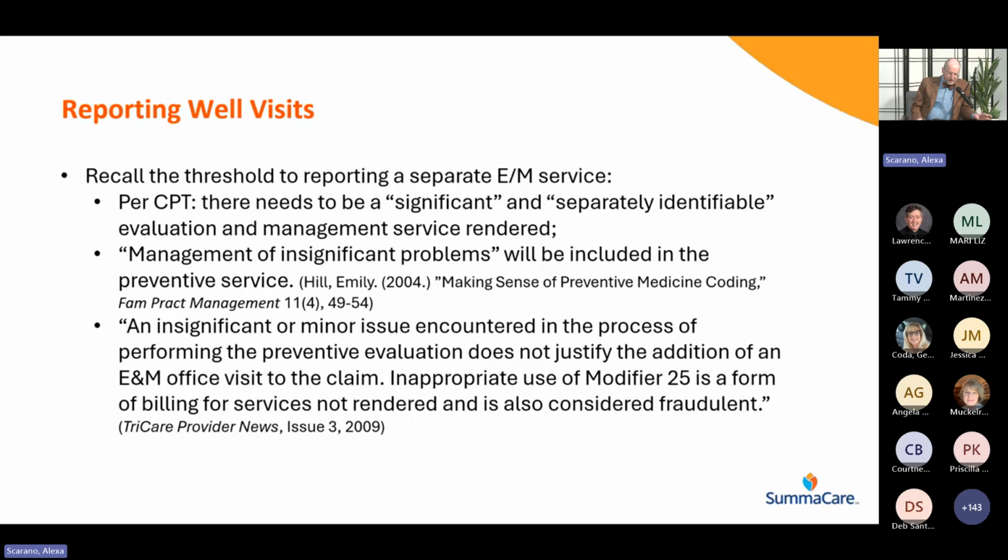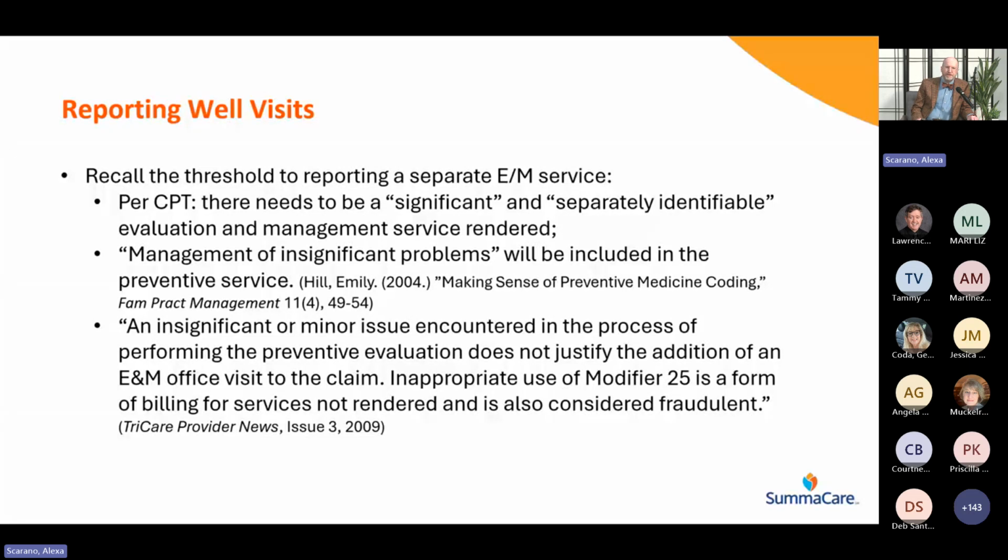And these ideas transcend to the procedure code side. The threshold to report the separate CPT code is fairly high. And that's what the authors of the procedure code set tell you. That's what the CPT authors, the American Medical Association, tell you.